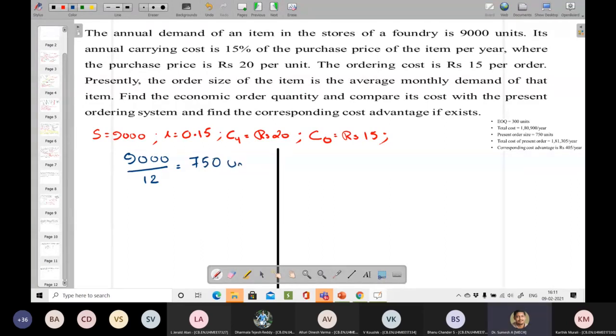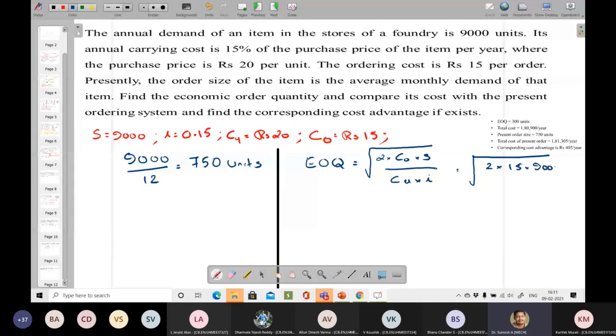To find EOQ, the demand and all the data are given. Now, tell me what is EOQ here? Determine the EOQ for the given condition. Square root of 2 into C naught into S divided by CU into I. So the square root of 2 into 15 into 9,000 divided by 20 into 0.15.